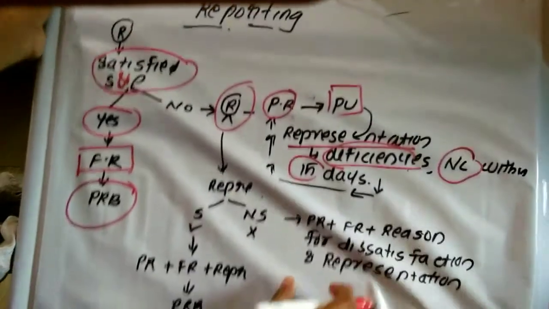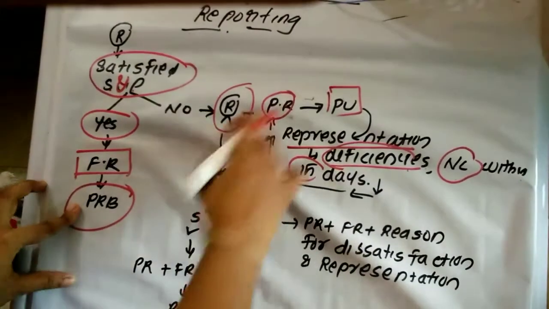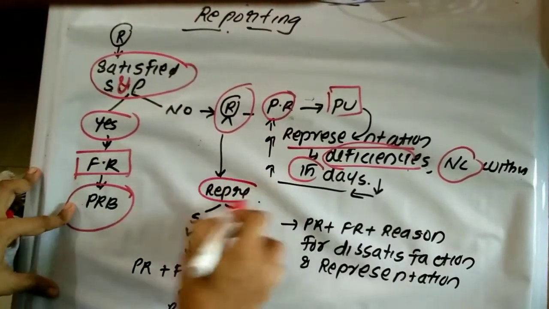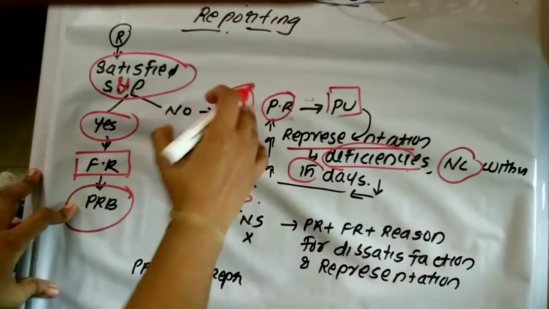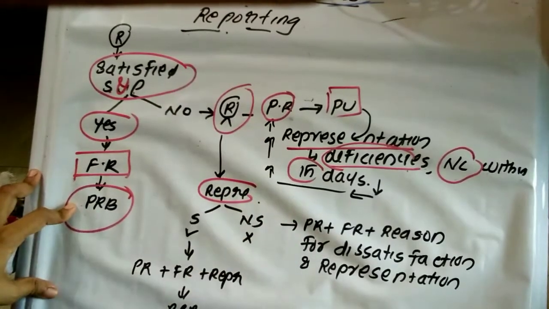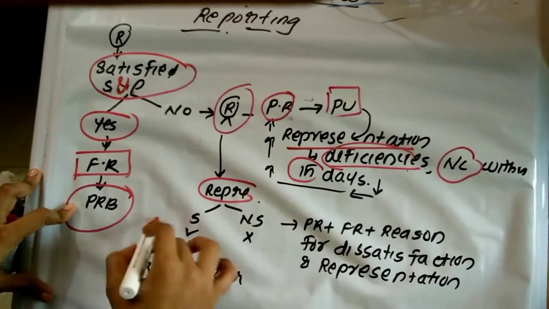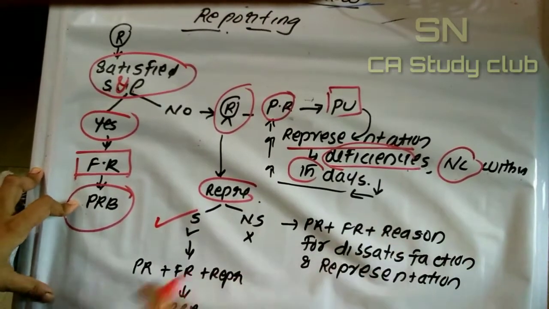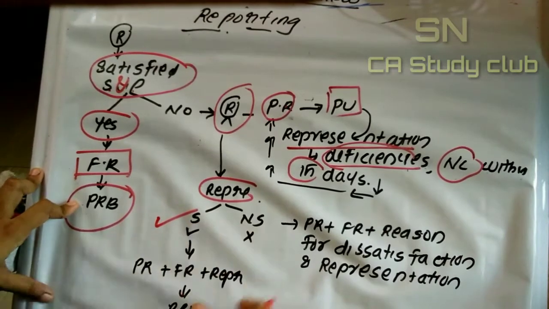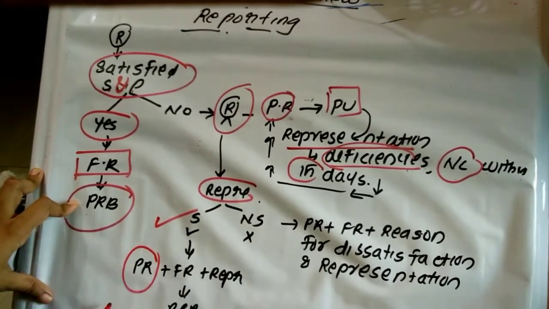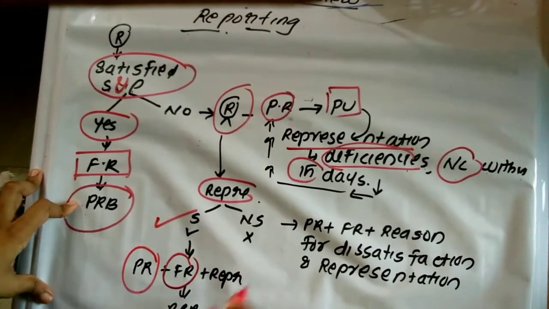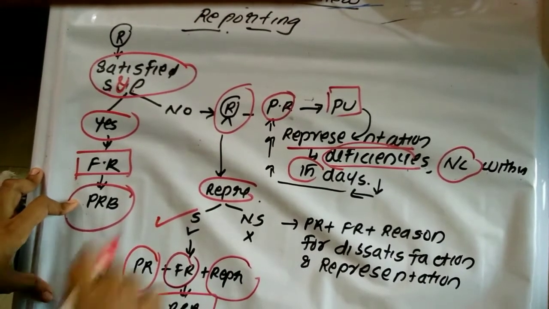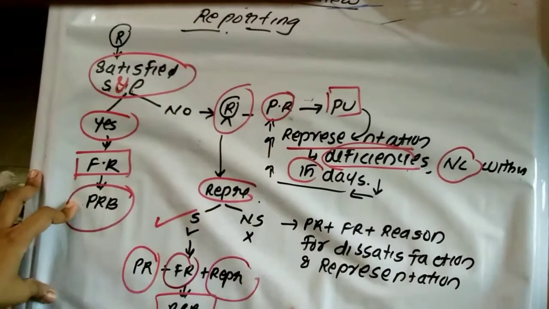Then here the reviewer has received such representation. So we have to check whether the reviewer is satisfied with the representations or not. This is the first case. He is satisfied. Okay, the representation is strong and correct. If they are satisfied, they shall forward the preliminary report, final report and their representation to the peer review board. In the next case, they are not satisfied.